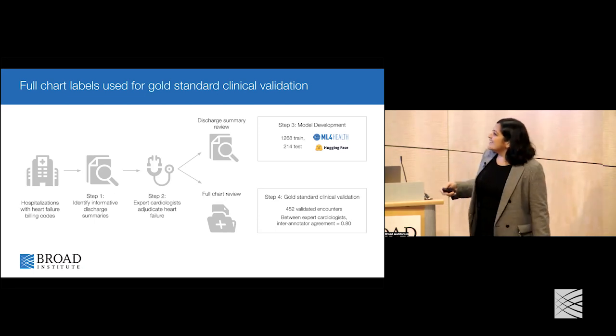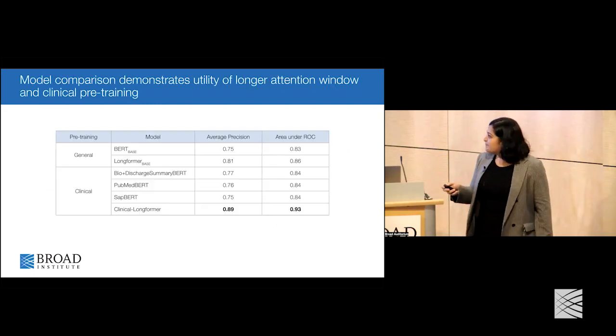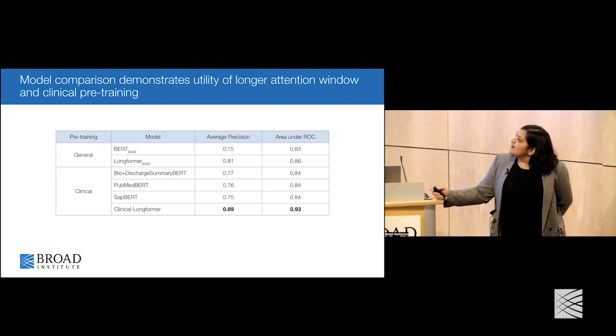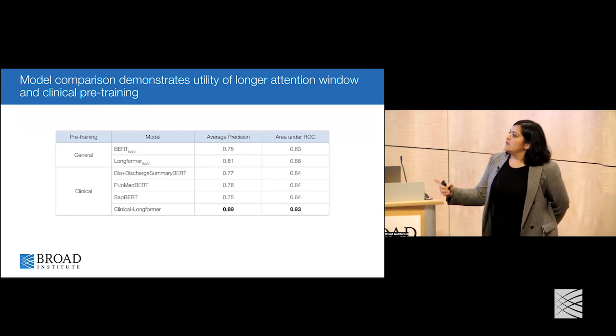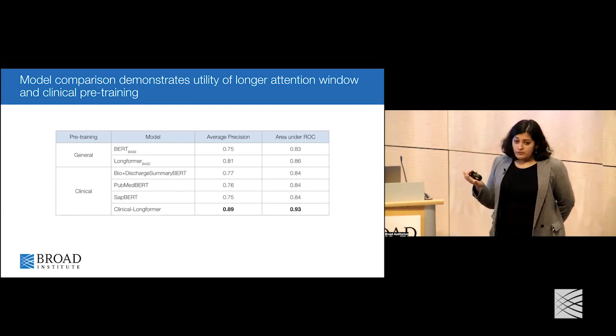Awesome. Cool. So that's the setup of this, and let's see how we do. Here I'm comparing general versus clinical pre-training, and then the length of attention windows for each of these models. What we see is all of the models do relatively well.